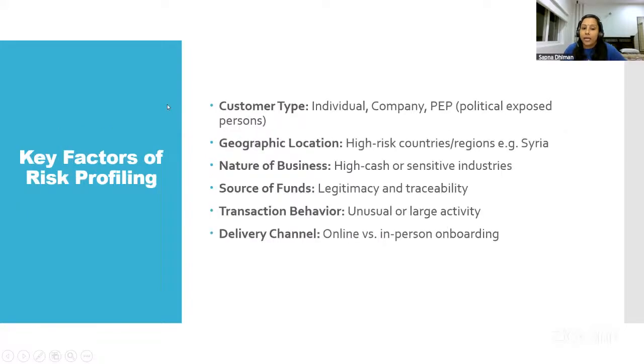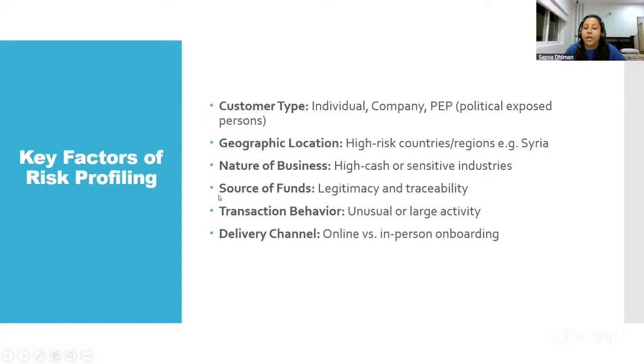As I told you before, there are types of customers like individual, company, business, and politically exposed persons who are customers for the bank, and they bring potential risk according to their risk level. It can be based on geographical location, as I told you before, high risk countries, suppose Syria, Pakistan, and many more, from where terrorism activities and financing will come.